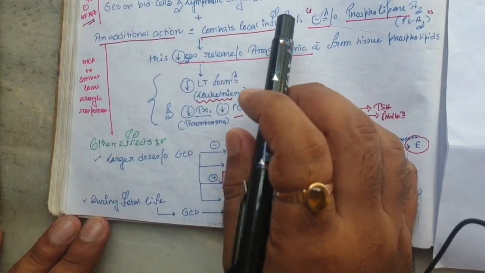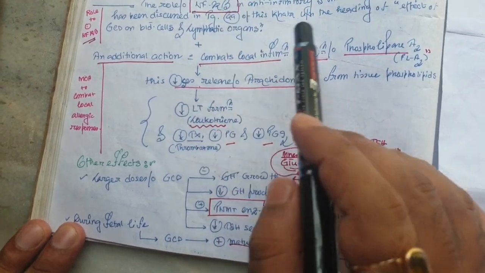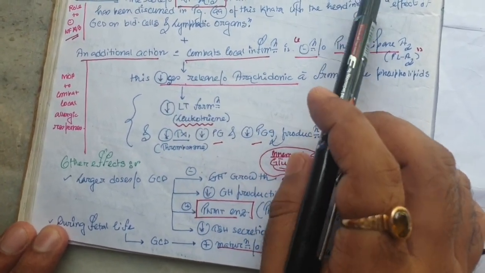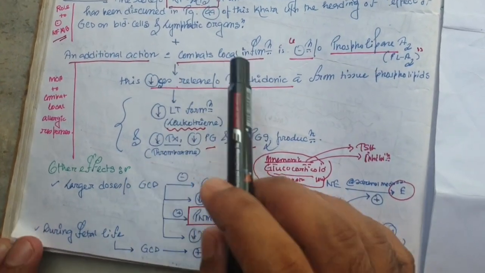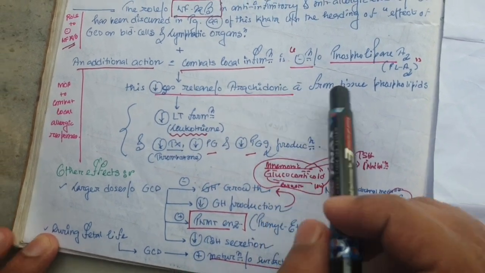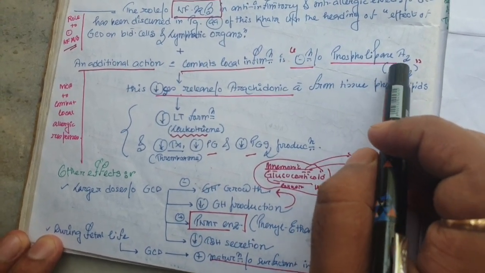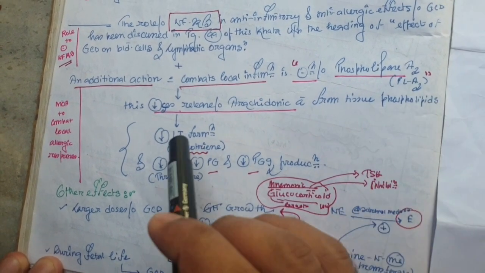So we discussed the action of glucocorticoids on nuclear factor kappa B in the anti-inflammatory and anti-allergic effects. Next, an additional action by which they combat local inflammation is by inhibition of phospholipase A2, or simply PLA2.